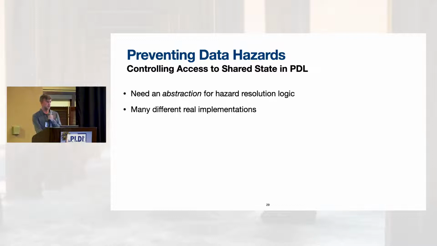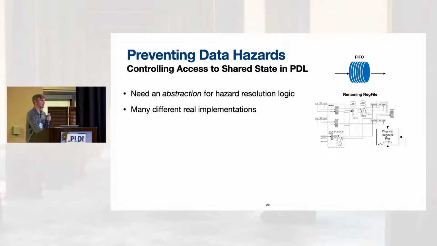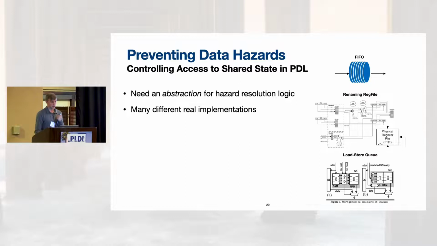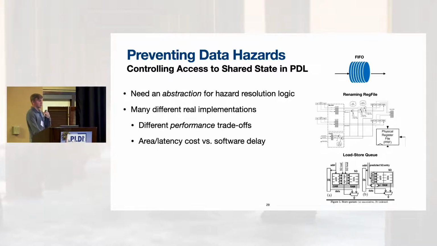And these implementations range from simple things like a logical queue that only lets one instruction have access at a time, renaming register files that do dynamic SSA translation, or load store queues that keep track of in-flight reads and writes and dynamically forward data between them as necessary. And these all have different performance trade-offs. Some are easy to implement in hardware. They have low area or latency cost, but they're also going to delay software more because they're more conservative detection of hazards. And then obviously vice versa.